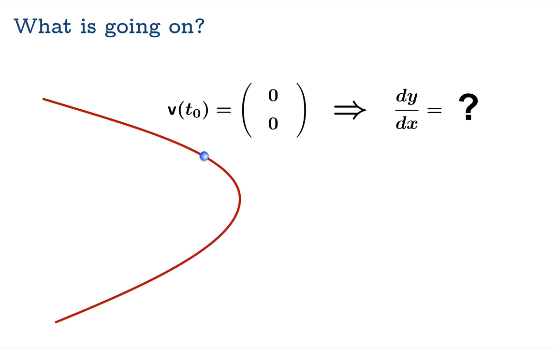So when you have a parameterization where the instantaneous velocity is 0 at a particular moment, then you lose the ability to analyze the tangent line and the tangent slope. And in fact, that behavior, when the velocity goes to 0 momentarily, can hide any kind of underlying behavior of the trace of the curve. So maybe a tangent slope should exist, maybe the tangent line should be vertical, maybe there's no tangent line to be found at all, as we shall see in the next two examples.